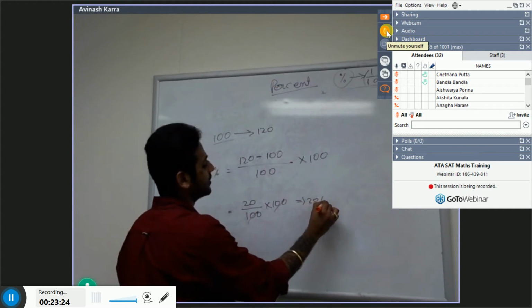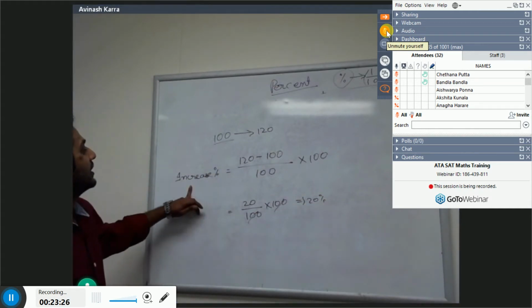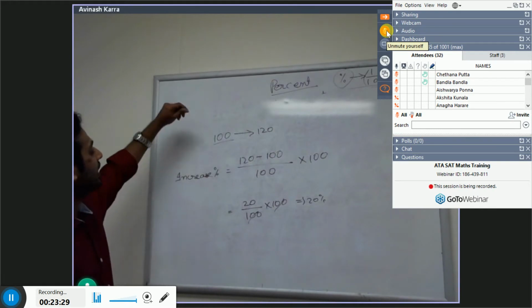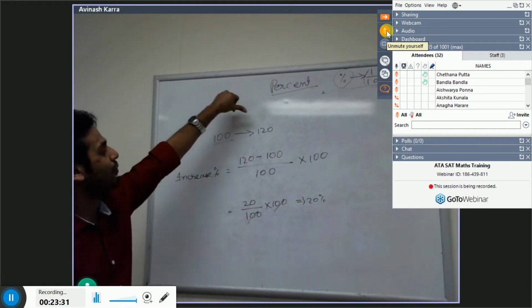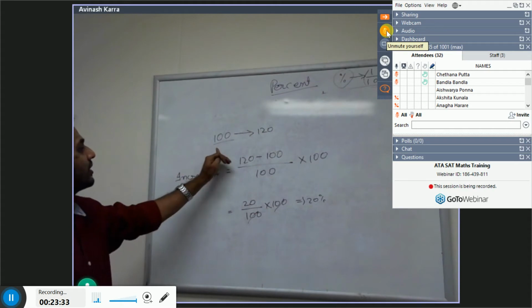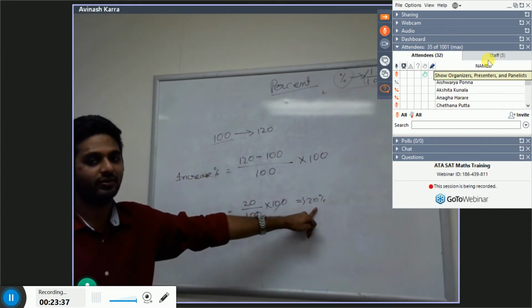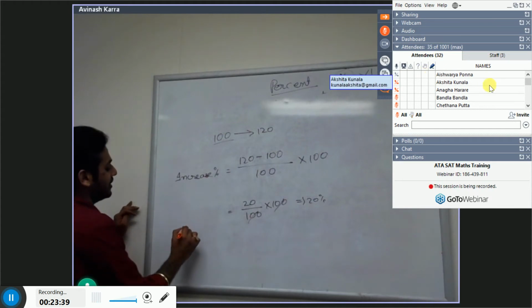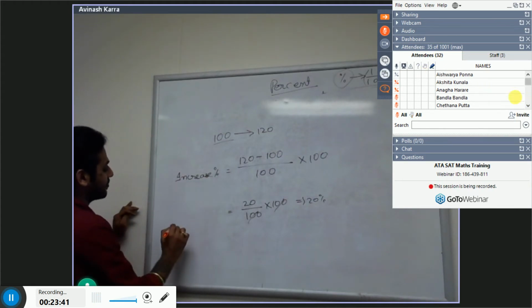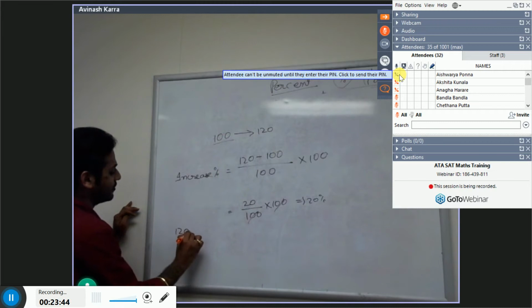So when a number is transformed from 100 to 120, the value increased by 20 percentage.